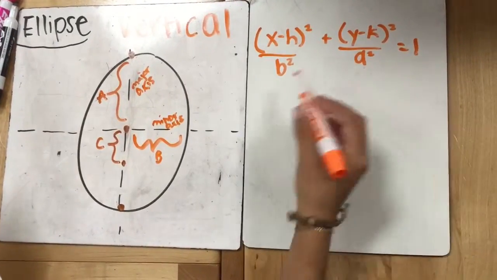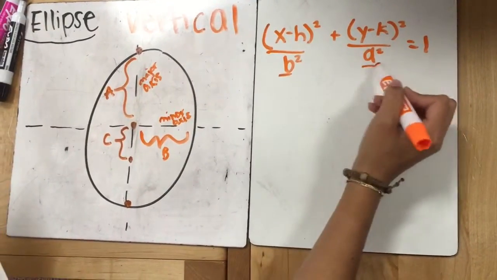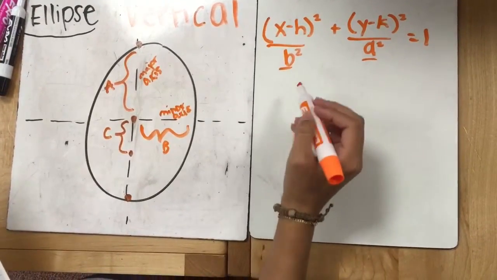This is the same as horizontal, except you can see how we switched a squared and b squared.